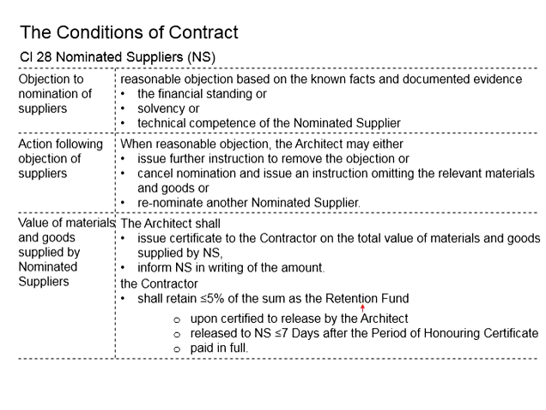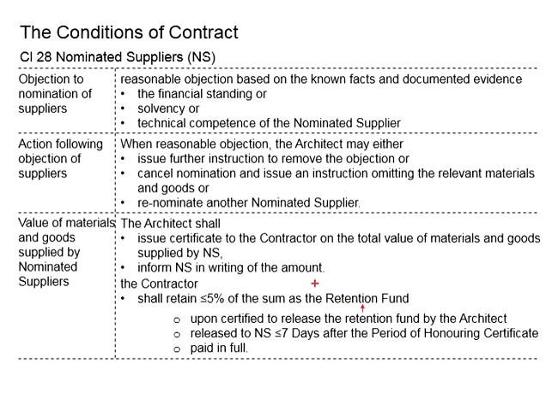This is to ensure that the nominated supplier is not being exploited by the contractor, who may purposely retain the payment, resulting in the nominated supplier not being paid for the material supplied. And then the contractor should retain about 5% of the sum as the retention fund.